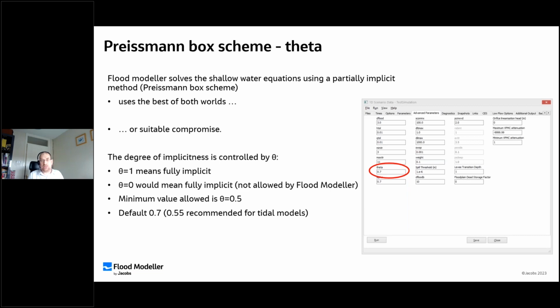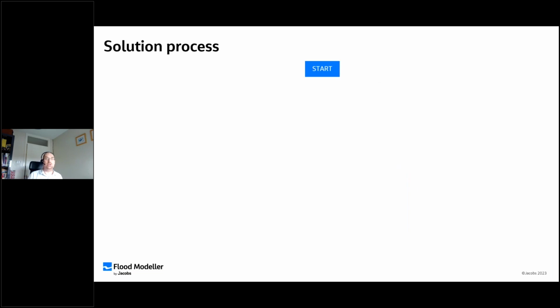The other thing is for tidal models, it is recommended to have a lower value of theta of 0.55. So that's, I guess, the takeaways: increase to improve stability, beware of tidal models where you might need to reduce it, and beware of the time and maybe numerical wobbles that it might also introduce. So that's our first advanced parameter.